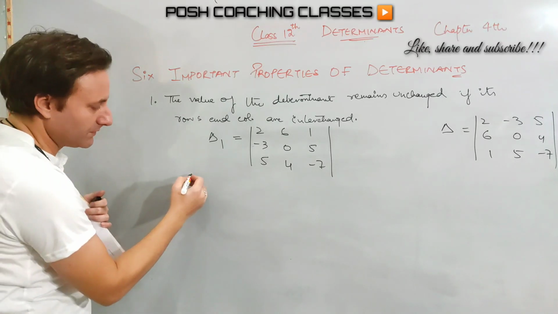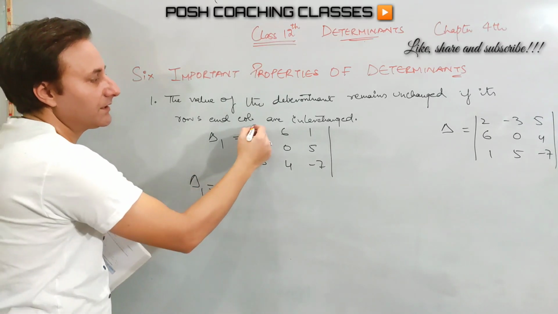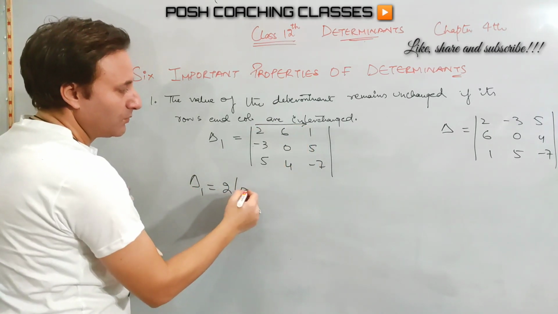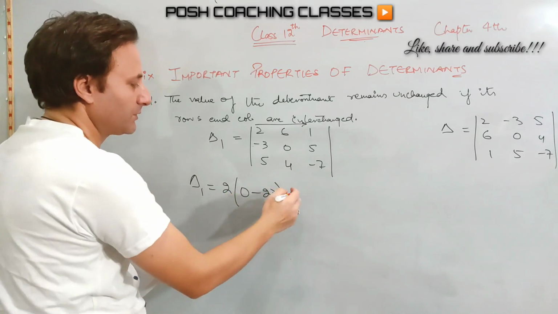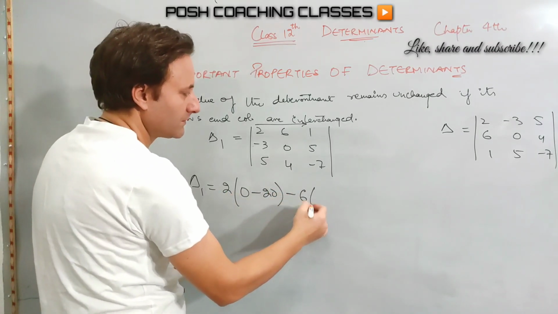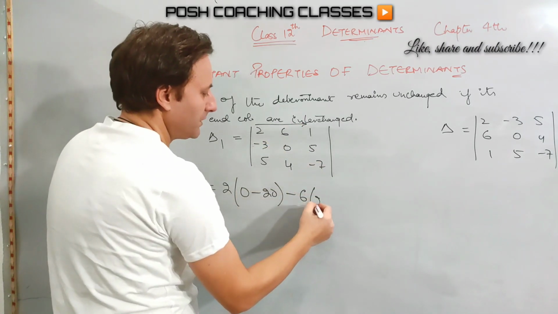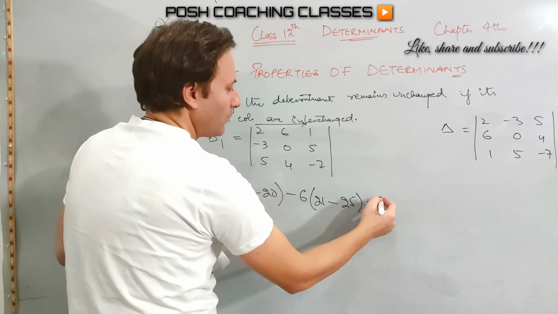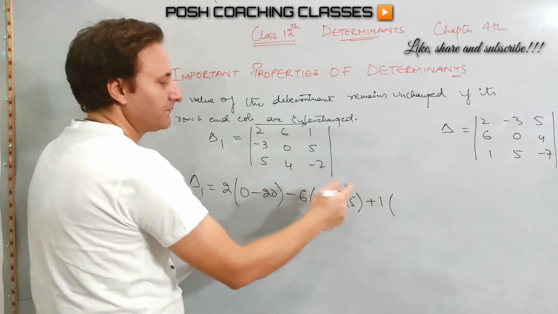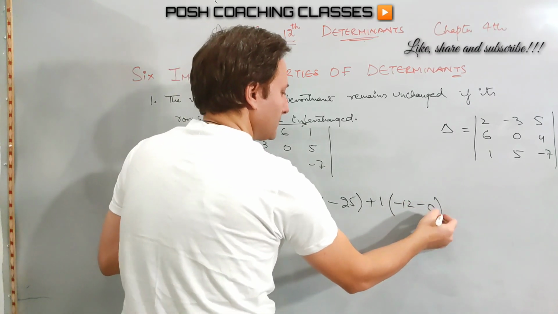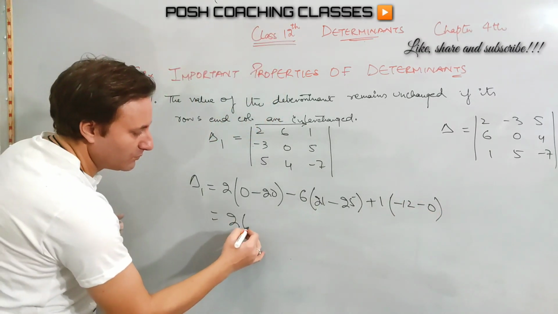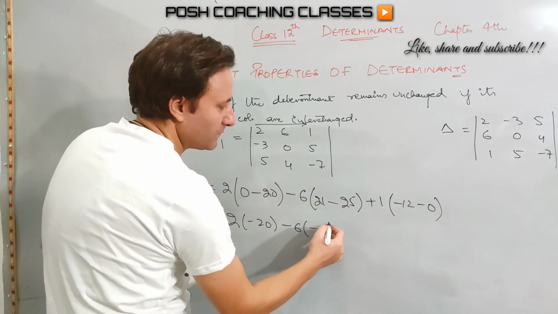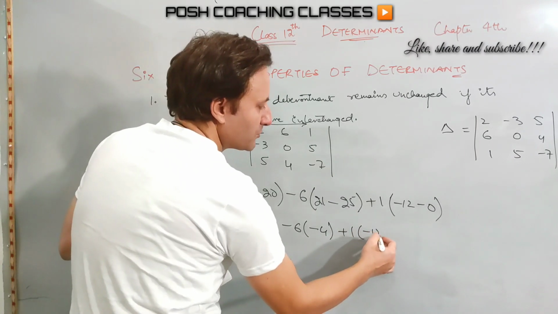So let's try and find the answer here. Again, I'll take the first row. For 2, this and this gone, it is 0 minus 20, so it is positive. Then the negative 6 times 3 times 7 is 21 minus 25, then positive 1 times 3 times 4 is 12 minus 0. So it is 2 times minus 20, then 6 times 21 minus 25 is minus 4, plus 1 times minus 12.